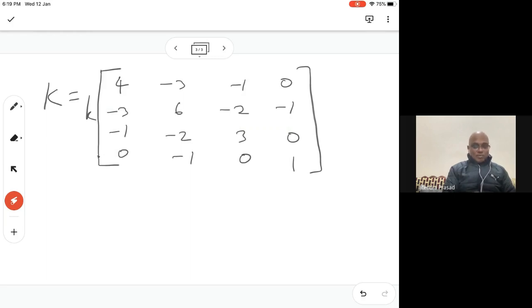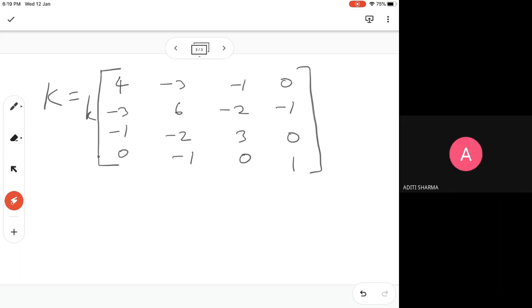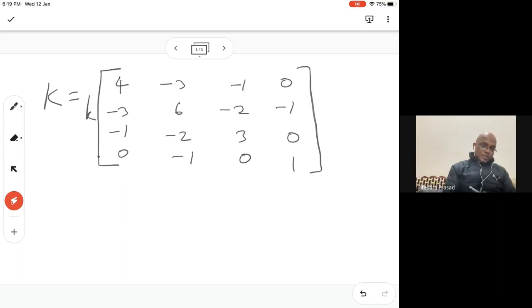For other kinds of problem, it may or may not equal 0 if you add them together. Any questions so far, guys? No, sir.